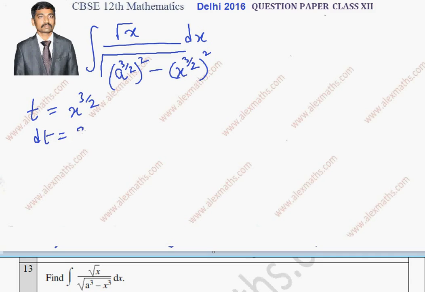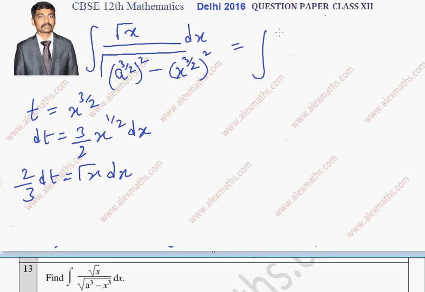So dt will become 3 by 2, x power 3 by 2 minus 1 is 1 by 2, dx. So 2 by 3 dt is root x dx. I can replace the numerator as 2 by 3 dt whole divided by root of a power 3 by 2 whole square minus t square.